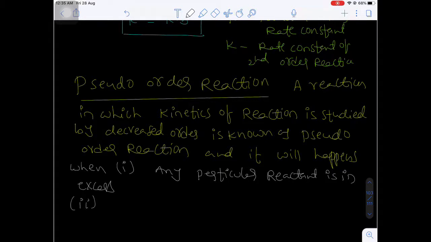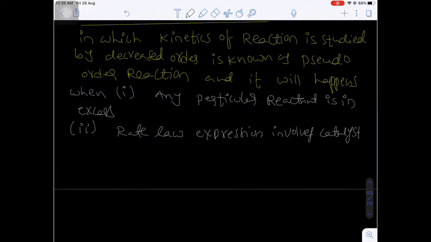The second condition, the rate law expression involves a catalyst. In either of these two cases, this reaction is known as a pseudo order reaction. Are you getting my point?